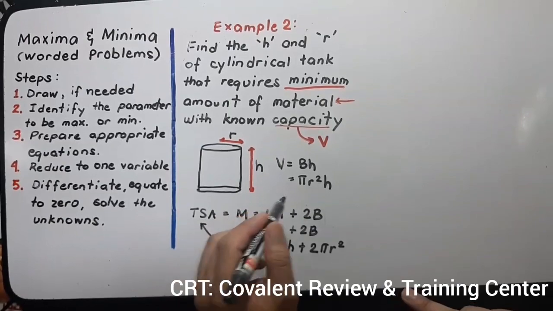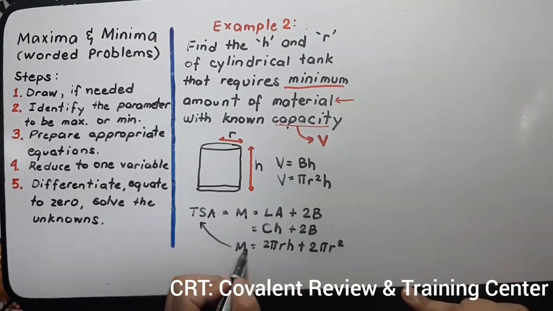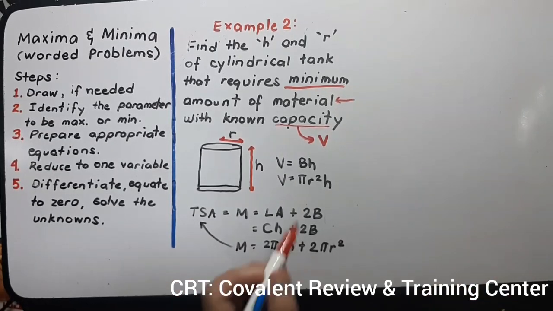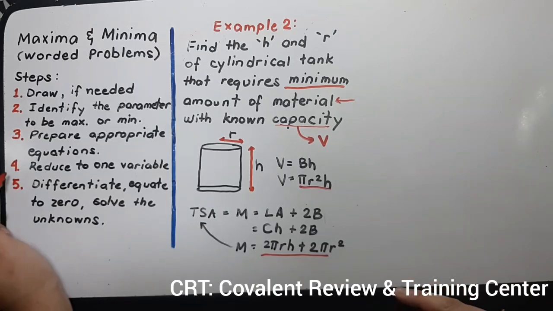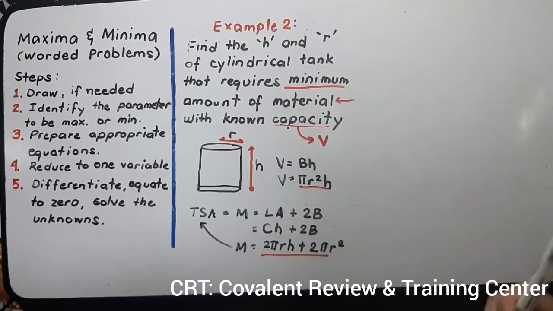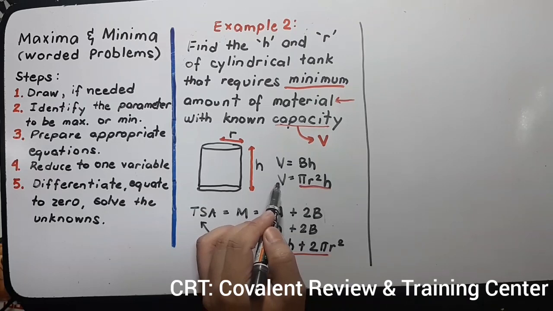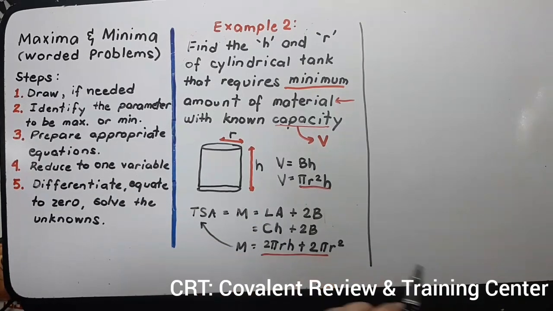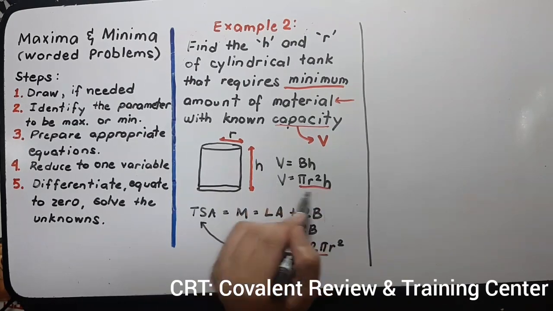So in this case, we have two equations, the volume and the total surface area. We are going to use them to perform step number 4, reduce to one variable. Since the capacity volume is given, this is a constant value here. So we will solve H in the volume equation.